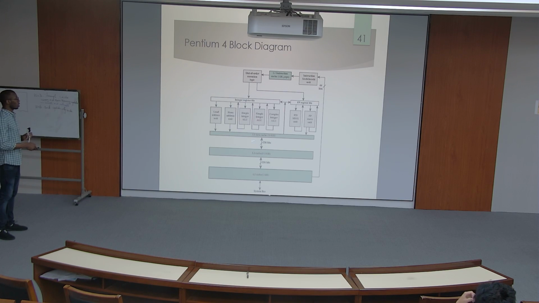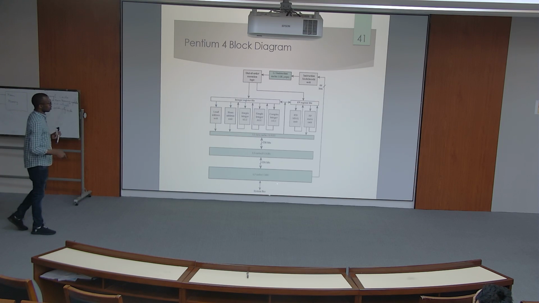As you can see here, we have the level 3 cache, which is 1 megabyte, and we have the level 2 cache, and we have the level 1 data cache. And you see that this is one of the modern central processing units, which includes all these components that we just talked about.